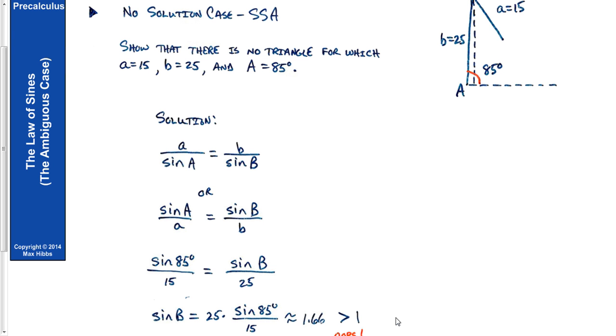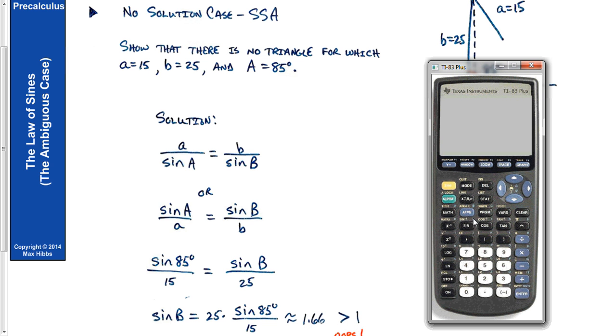Now, let's look at this. If I got my calculator out and said, okay, well, B is the inverse sine of 1.66. So I'm looking for B. I'm going to use the inverse sine function, and I'm going to calculate the inverse sine of 1.66. Close parenthesis, enter, and it says error domain.